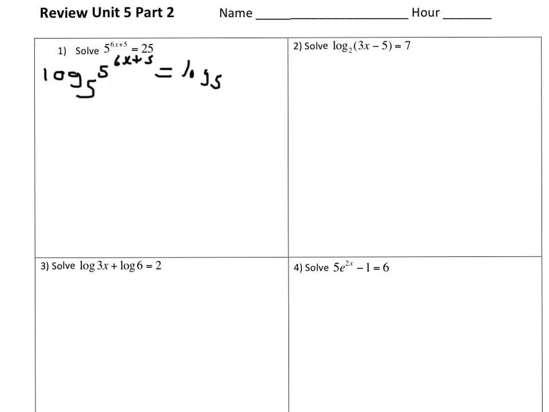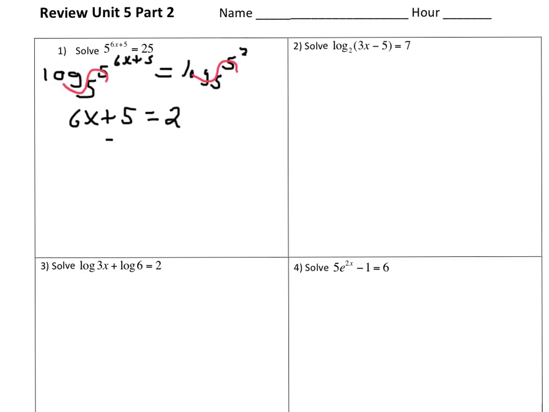Now remember, as you're doing these questions, keep in mind 25 is the same as 5 squared. And what is the base of my log? Yes, it's 5. So I am going to change this from 25 to 5 squared. It'll save me a step down the road. Now from here, what do I see? I see this logs out, and it leaves me with 6x plus 5 is equal to, on the other side, this logs out as well, and that leaves me with a 2.